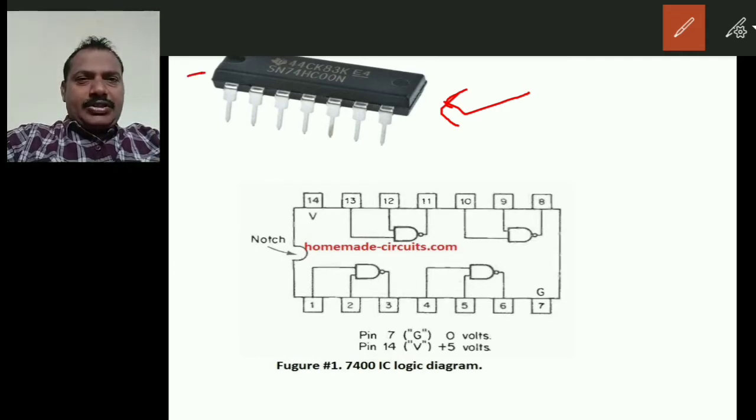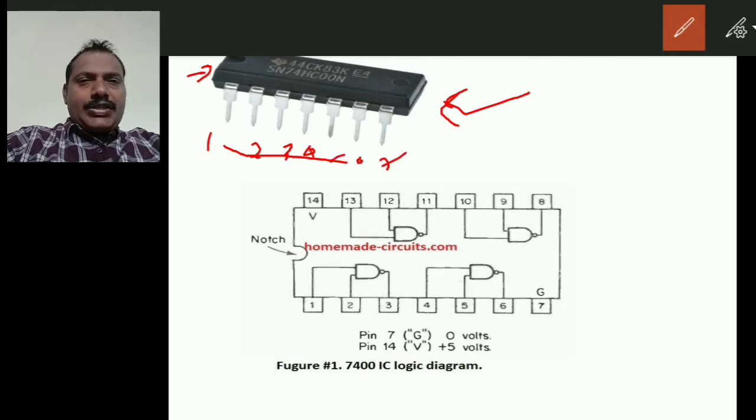Here is the notch, and from the notch onwards you have to count like this: 1, 2, 3, 4, 5, 6, 7 pins. So a total of 7 pins on this side. Then on the other side, after 7 comes 8, 9, like that.